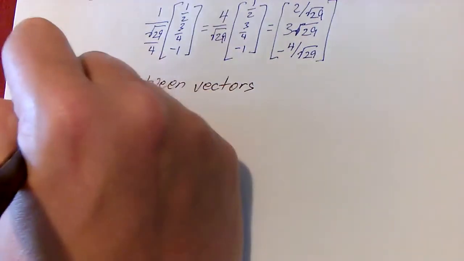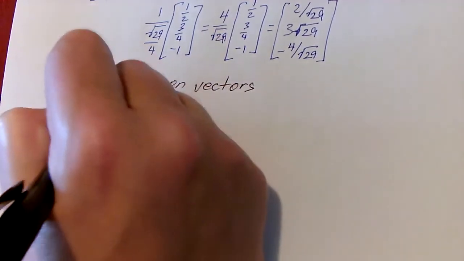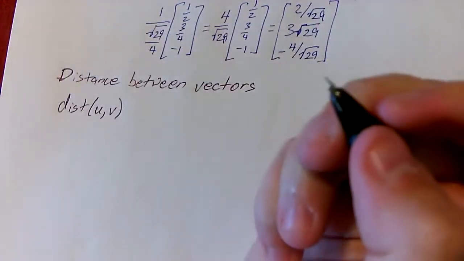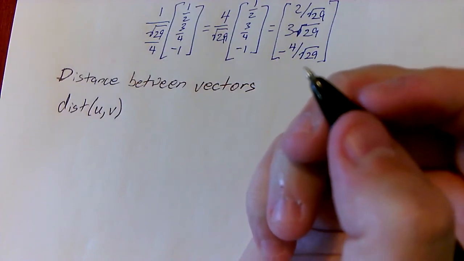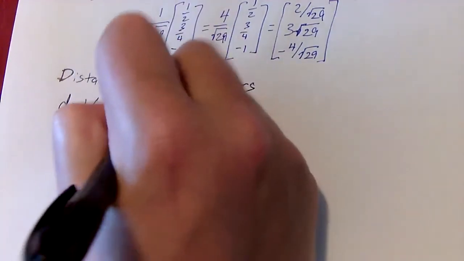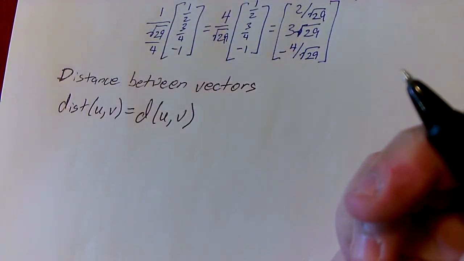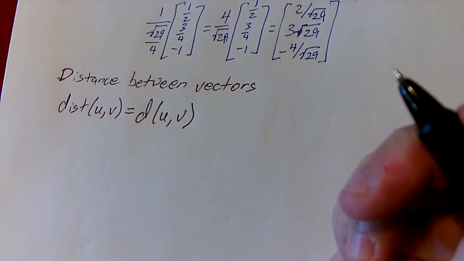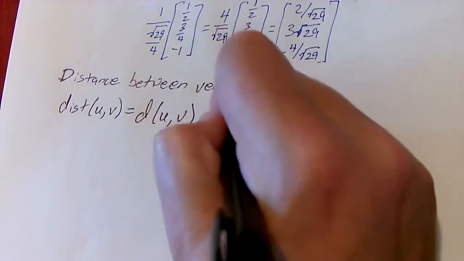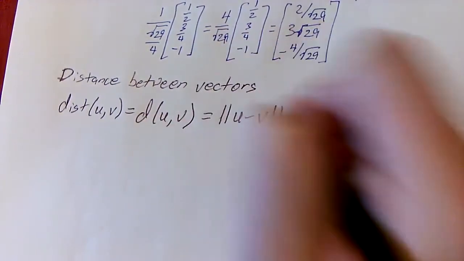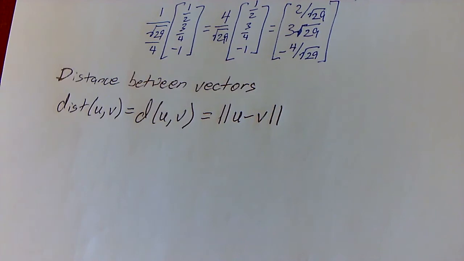We're going to define the distance between two vectors the same way we would define distance on a number line. We'll also abbreviate this dist to just d, because mathematicians are lazy. So we don't like writing out 4 letters like that. So just d, and that is going to be the norm of the difference between those vectors. So the norm of u minus v.